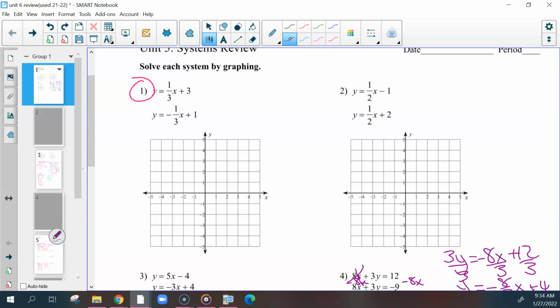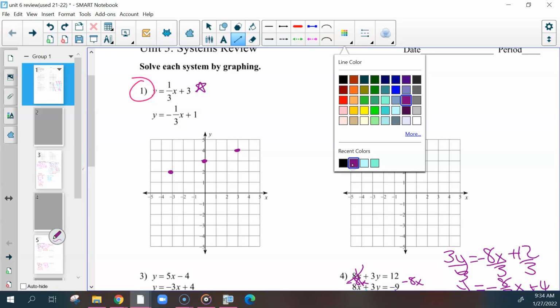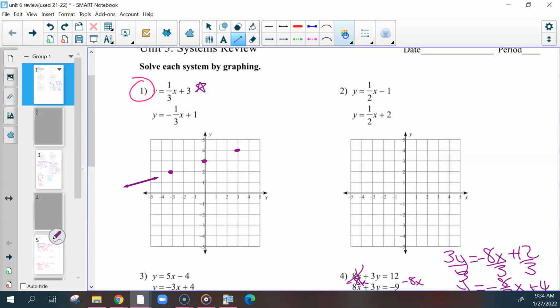So for the first one, y-intercept of 3, slope of 1/3, so we can go up 1 to the right 3, down 1 to the left 3, and make that line. That was almost accurate. Oh, wait a minute, I went the wrong way. Don't do that.